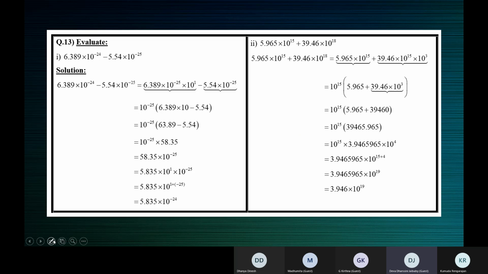Ma'am, can you repeat what you said? Evaluate means find the value of. The meaning of the term evaluate means find the value of. Okay, ma'am.